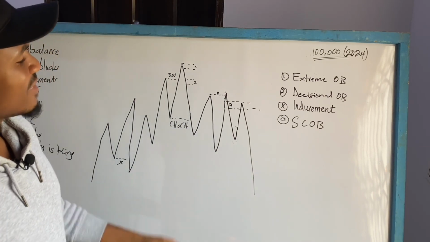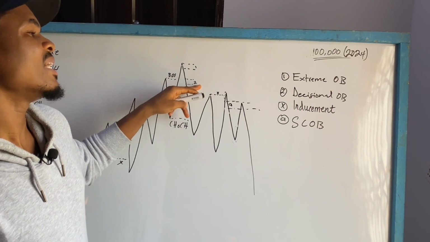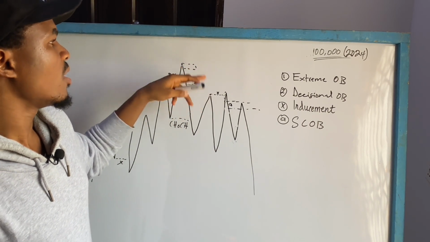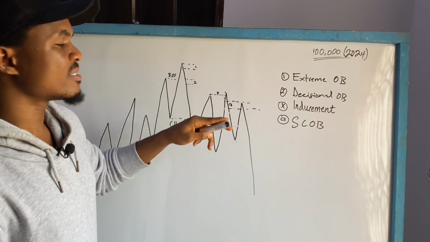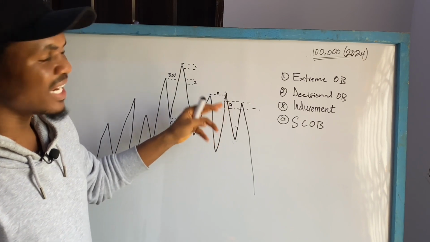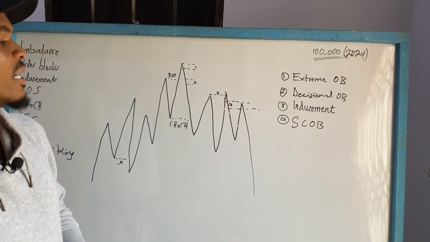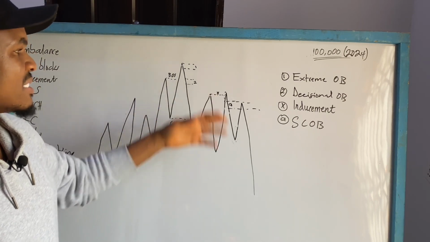Okay, so the difference is that instead of us taking a sell from either decisional order block or extreme order block, we are now taking a sell from single candle order block within the leg that took out the liquidity on the inducement level.